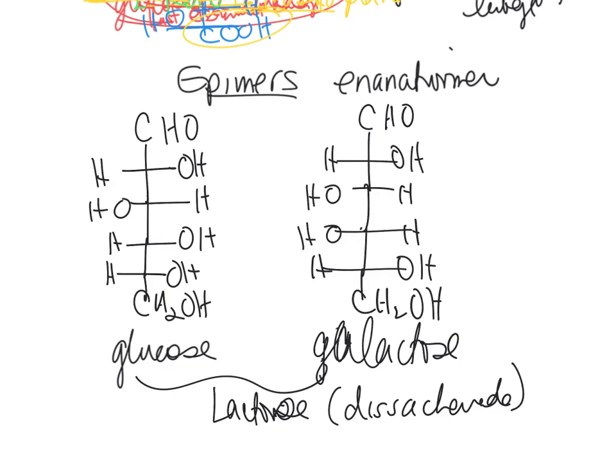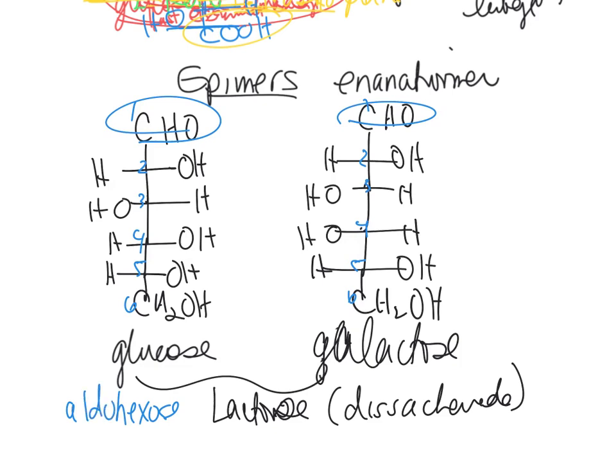Okay, so when you look at this, let's classify this. 1, 2, 3, 4, 5, 6. So 6 carbons makes it a hexose. And you have an aldehyde, right? So an aldohexose. And then you have your asymmetric carbon, it's C5, and the OH is on the right, so that's D. So this is a D-aldohexose. Now, we look at this, we have 1's the same, 2's the same, 3's the same, 4 is different.